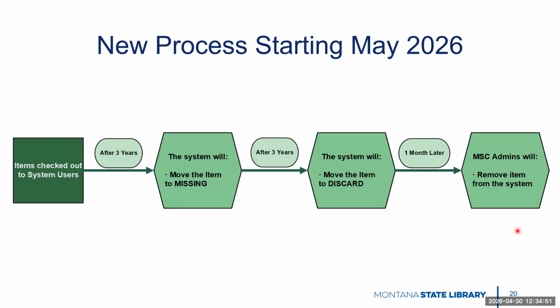And we had a question earlier in reference to the system user. Is ILL considered a system user? ILL is its own animal, and I believe we were not considering those for this process, but I don't know if Amy has a different thought. I was gonna say that exact same thing, Mal.